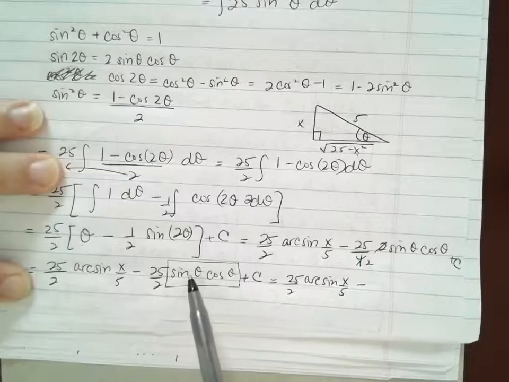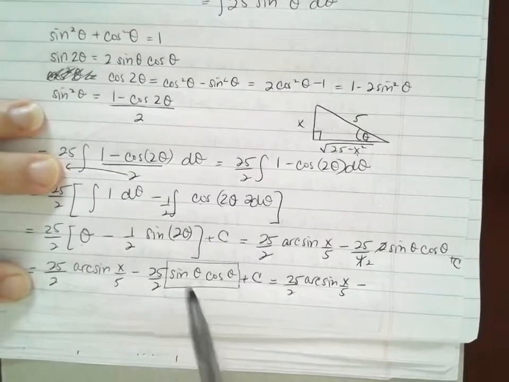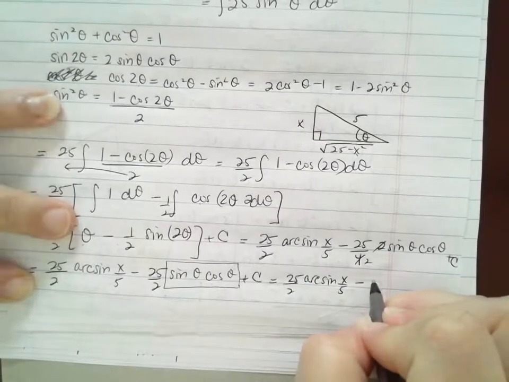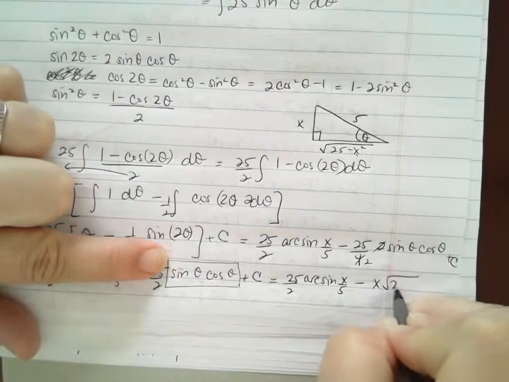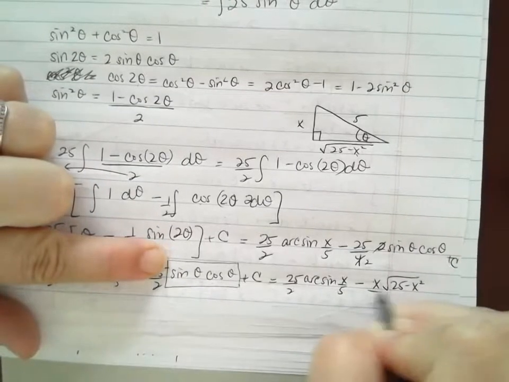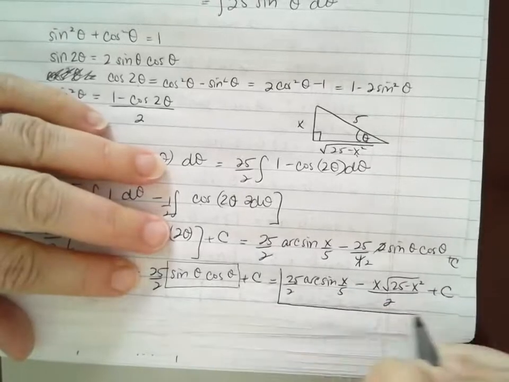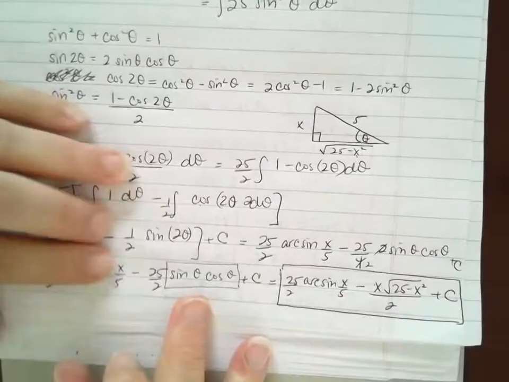Sine ends up being over 5, cosine ends up being over 5. These become a 25, which cancels with that 25, leaving sine, which was x, and that one's going to be 25 minus x squared over 2 plus c. I apologize for skipping a step, but I ran out of room.